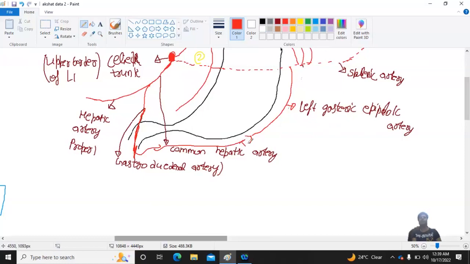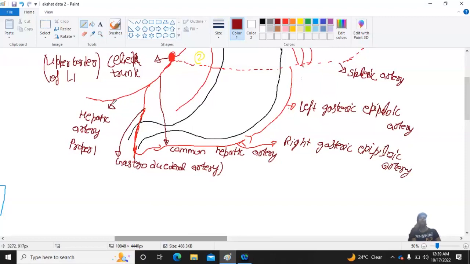That was the left gastric epiploic artery, and this is the right gastric epiploic artery. Done. So these two arteries cover the greater curvature of the stomach.